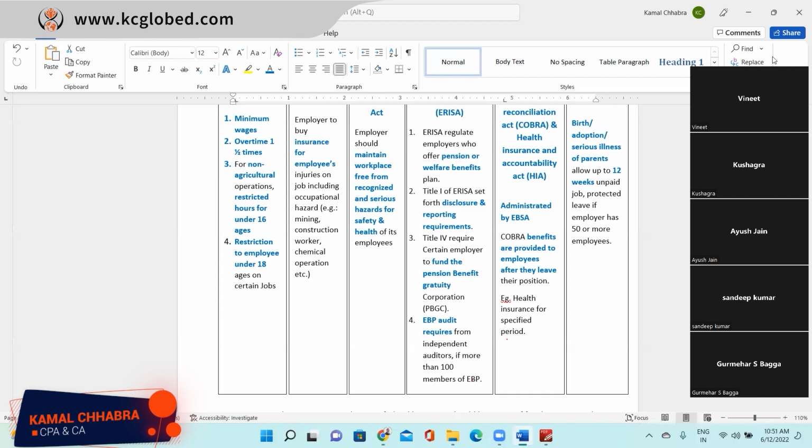The other way, the employer can maintain the employee benefit plan on their own. In that scenario, where they have more than 100 employee participants, it is mandatory for them to have the EBP accounts audited by an independent auditor. Make sense? Simple?